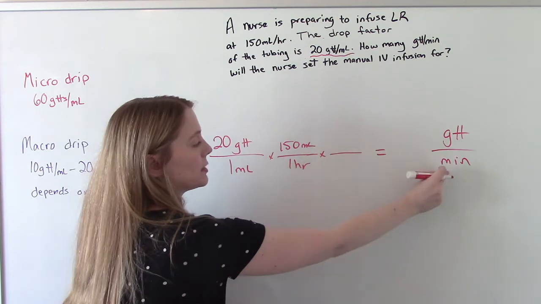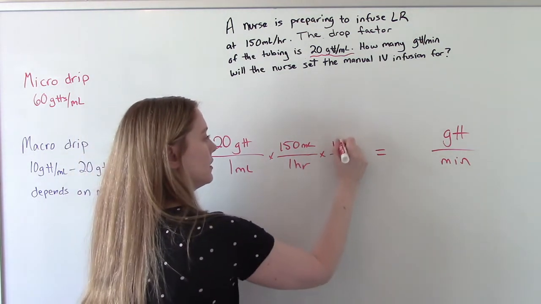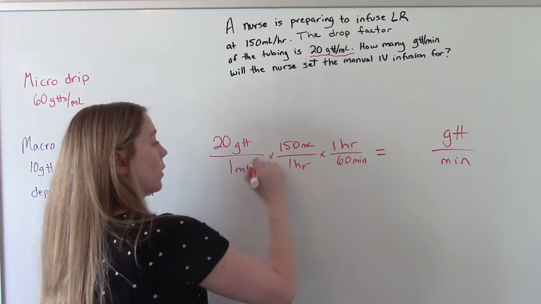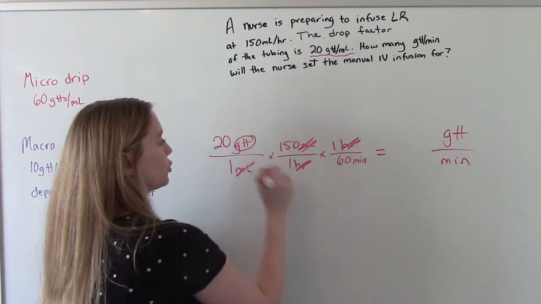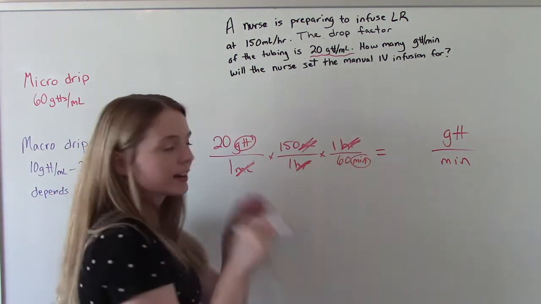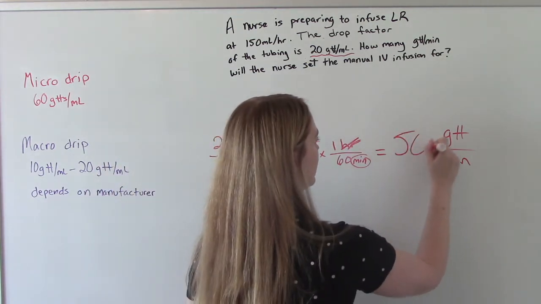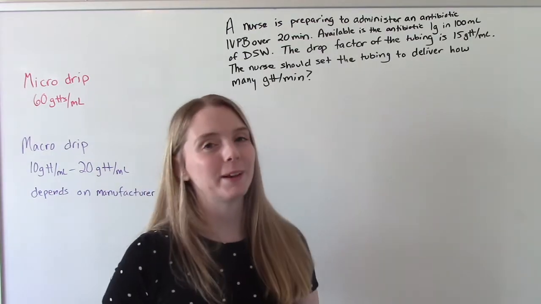And then to get this to be minutes in our denominator, we need to convert hours to minutes. So our mLs will cancel, our hours will cancel. This will leave us with drops per minute. Punch it in, do the math, and you get 50 drops per minute.